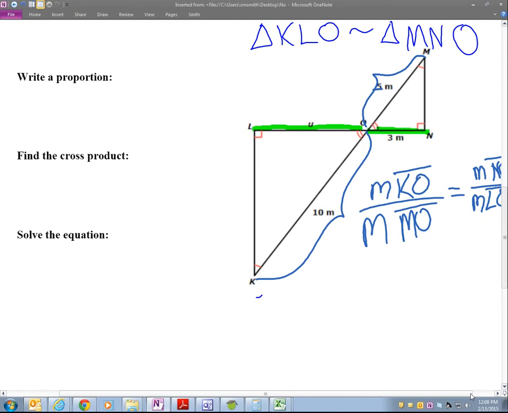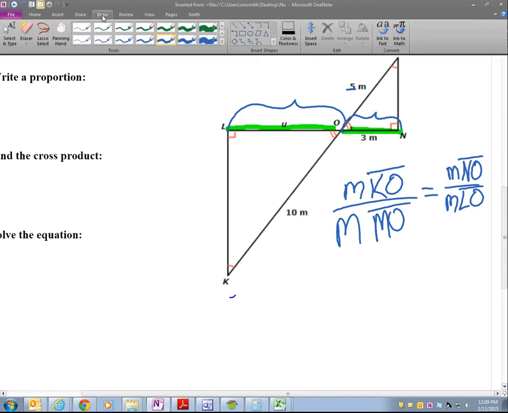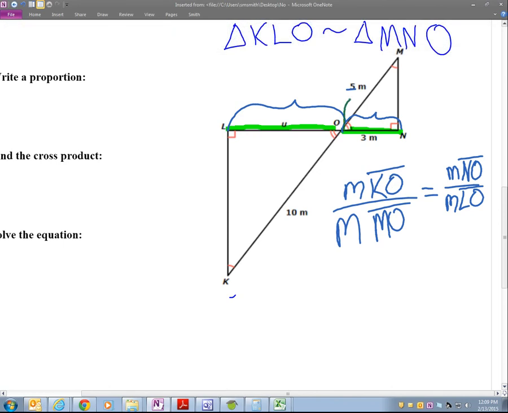NO over LO. So we got the small sides that are proportionate to each other. We've got the large sides that are proportionate to each other. There we go. So pretty.